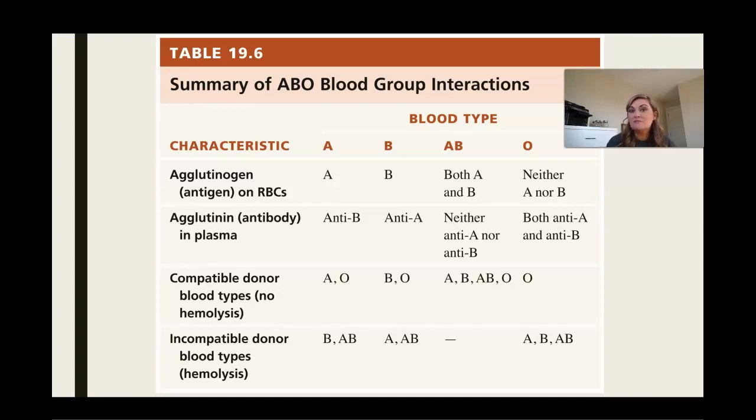And it can receive from A, B, AB, or O. And there's nobody that it's incompatible with as far as receiving. For O, it has neither antigen. It does not have antigen A or antigen B. It has anti-A and anti-B for its antibodies. It can only receive blood from O, and it's incompatible with A, B, and AB.